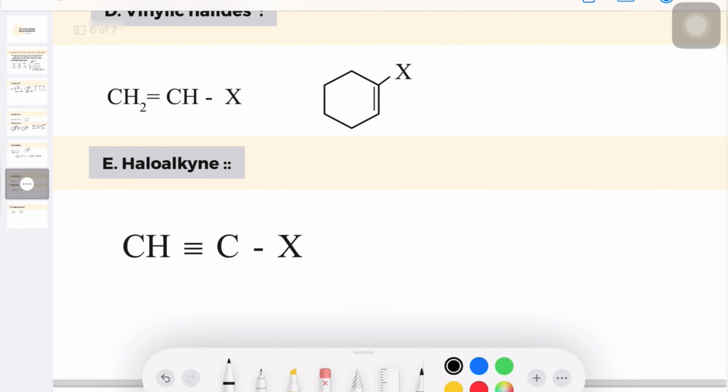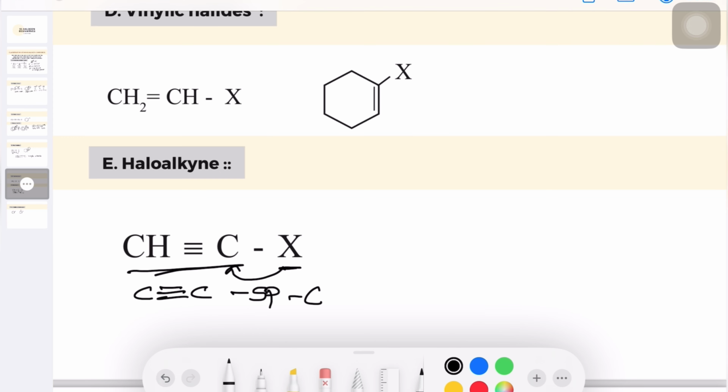Then next is haloalkyne. Again, what type of hybridization do you see here? A carbon-carbon triple bond. That means it is an sp hybridized carbon atom. The definition is when the halogen atom is attached or bonded to an sp hybridized carbon atom, it is called a haloalkyne.